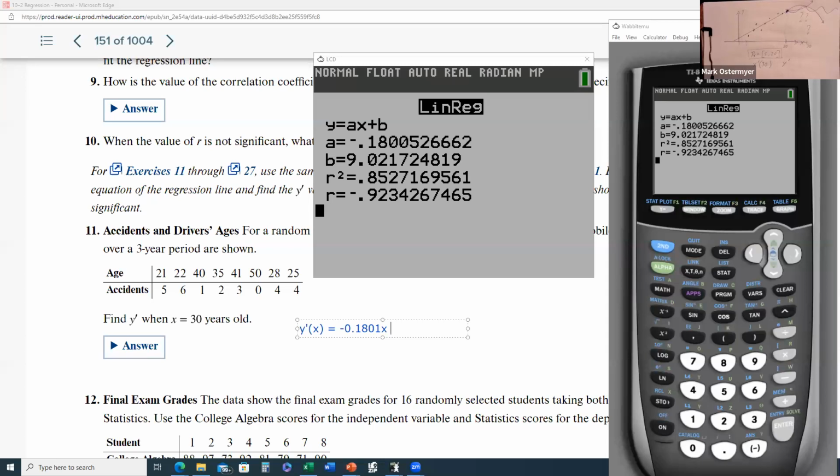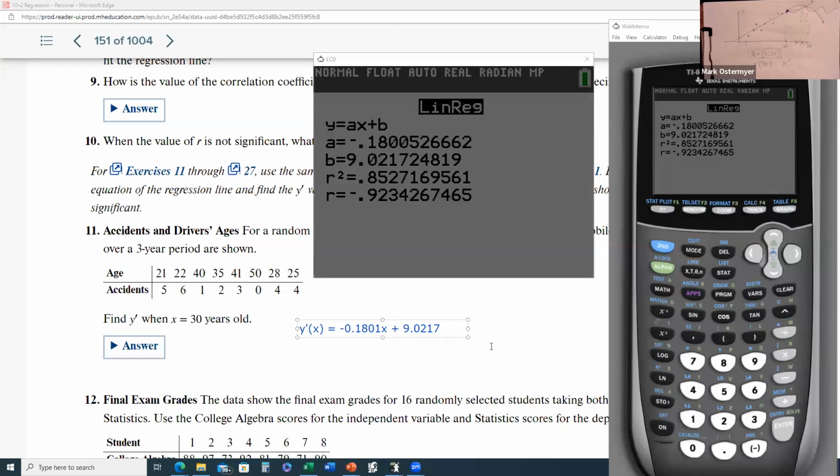And then your y-intercept. Okay, so that's your linear regression equation. Did anybody get that equation? Yes.